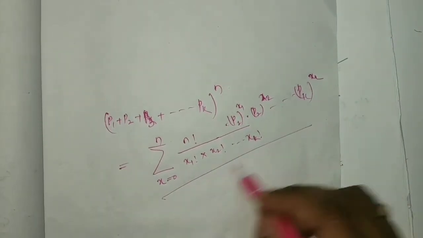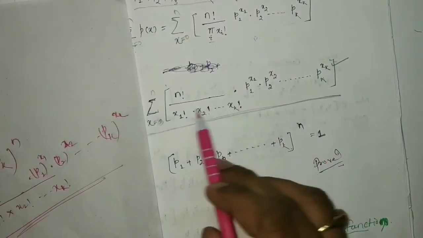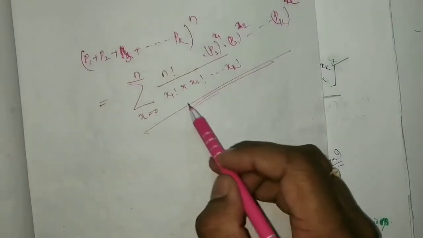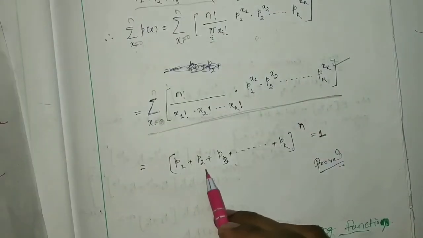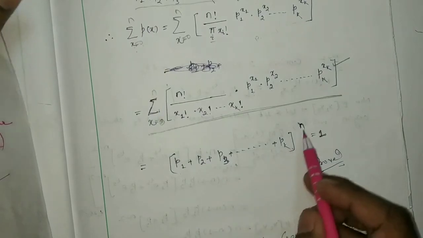So whatever is in your note, this one is the same as this one, and can be written as this: p1 plus p2 plus p3 up to pk equal to 1.